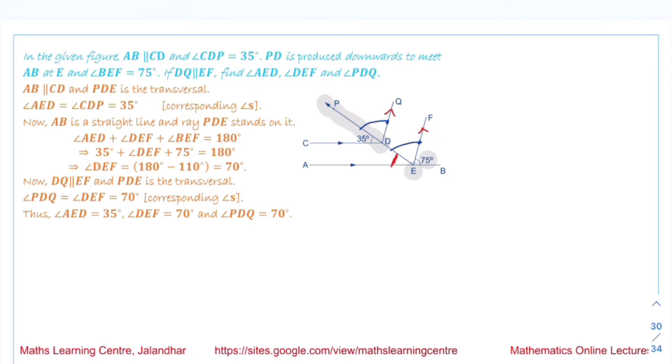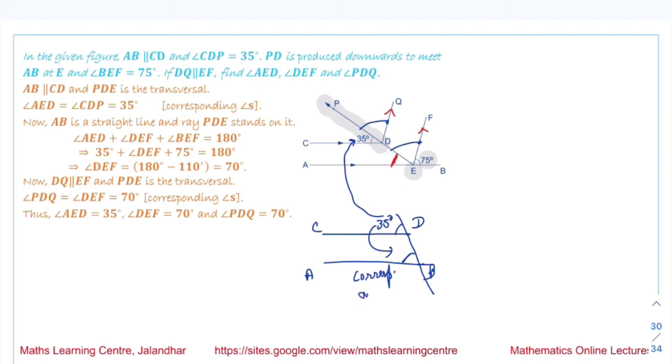So we start solving this problem by considering the two parallel lines, the line CD and the line AB, and then we have a transversal over here. If this angle is 35 degrees, then this angle is also 35 degrees because it is a corresponding angle.